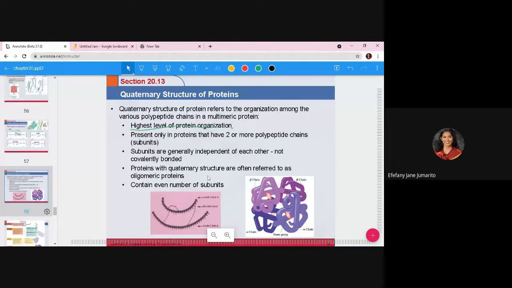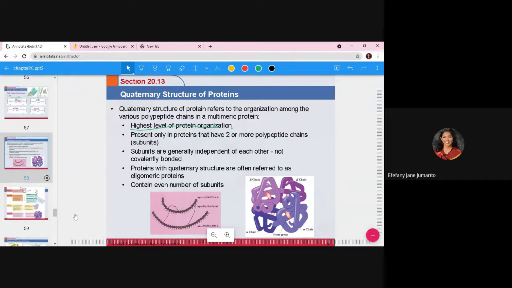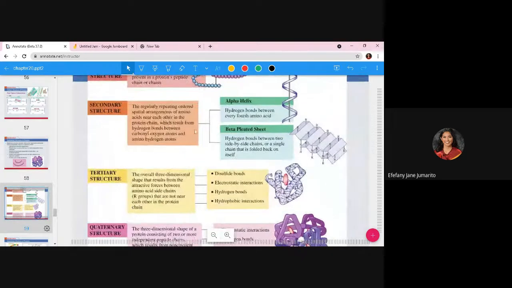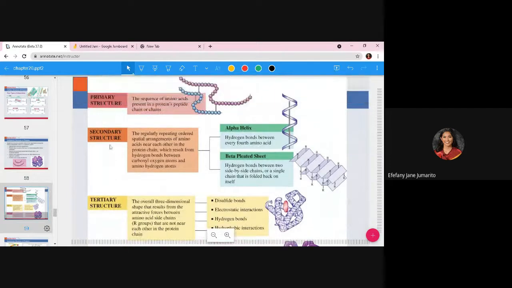So here also, oligomer contain even numbers of subunits. So we have that one. Okay, we have a summary here. The primary structure is just a sequence. Then we have the secondary, and now we have an alpha helix or a beta pleated sheet structure or shape.